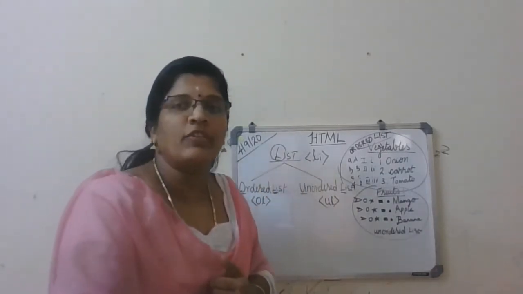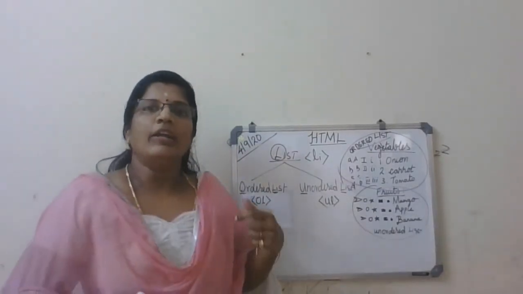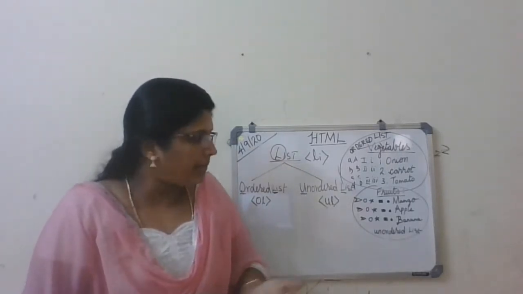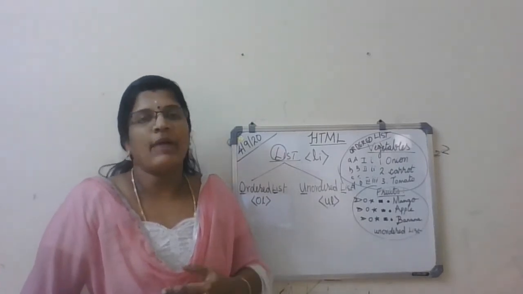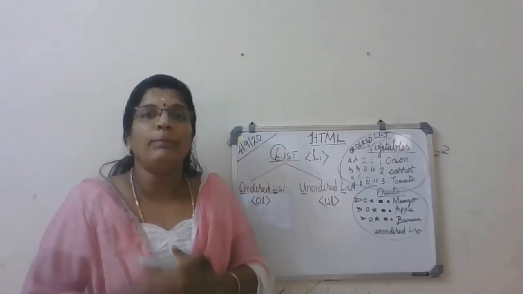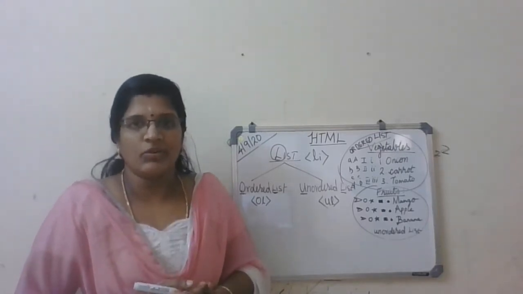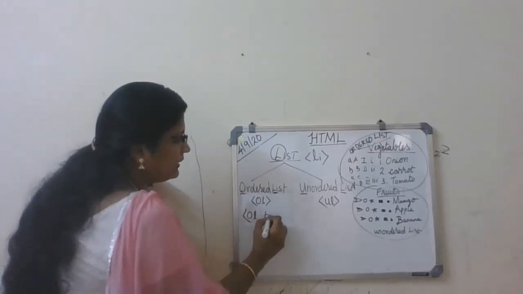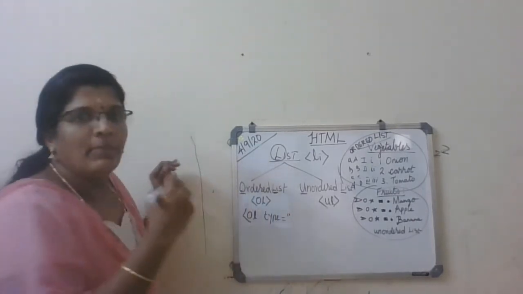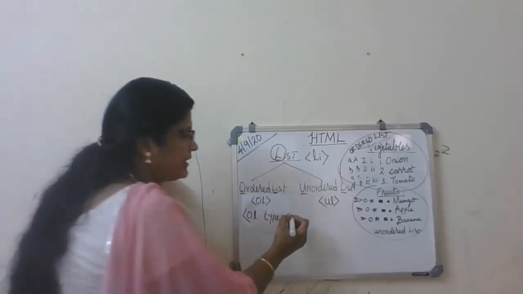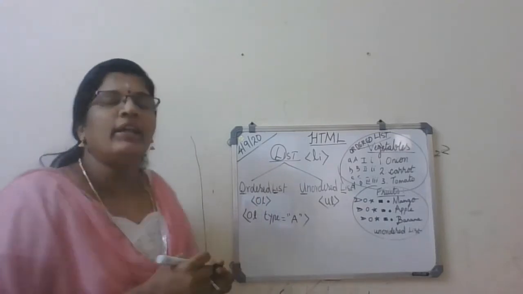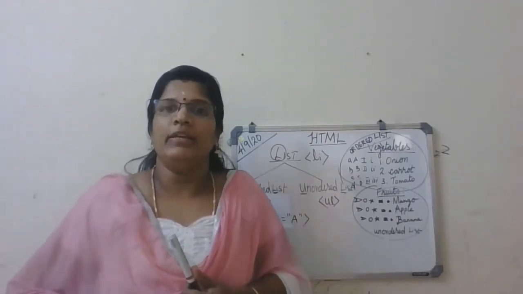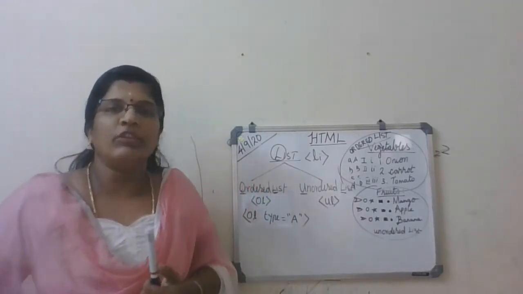And if you want to specify the particular type, whether you need ABCD or a Roman number or a circle or a square, you have to specify the type attribute in each and every list. So if it is an ordered list, you have to say OL type is equal to, within double quotation, if you want ABCD, put letter A, then automatically whatever you are writing below will come as A, B, C, D. If you give number 1, everything will come as 1, 2, 3.